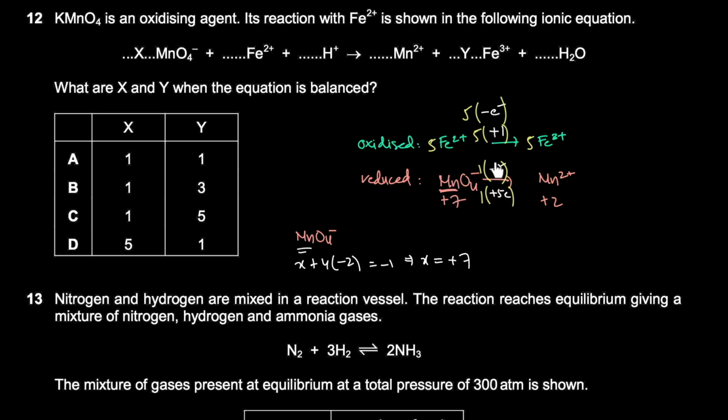The changes in oxidation number have to balance, or the gain and loss of electrons has to balance. So we need 5 Fe's for every 1 manganate 7. That means X is 1 and Y is 5. So the answer is C.